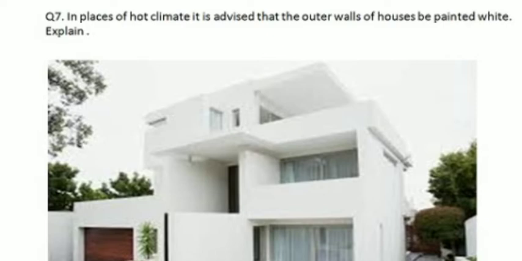So we would prefer it to be painted in a color which reflects most of the light and absorbs very little heat. Light colors absorb less heat, so white reflects most of the radiation. So it will keep the interior cool because white color absorbs less radiation and reflects most of it. So the house remains cool.